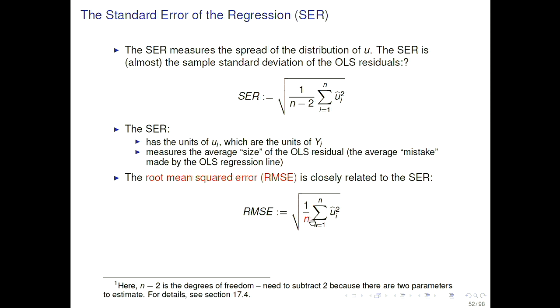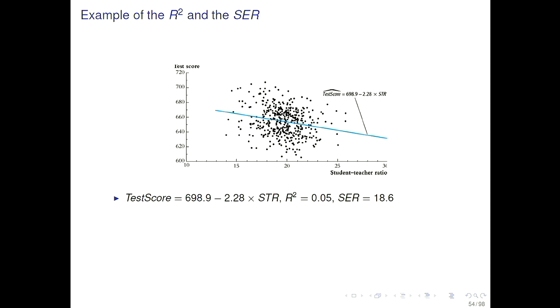But because the sample size is large, in this example the sample size is 420, we can assume that SER should be very close to root mean squared error. Right, so R squared is 0.05 and SER is about 18.6, because it should be very close to root mean squared error.